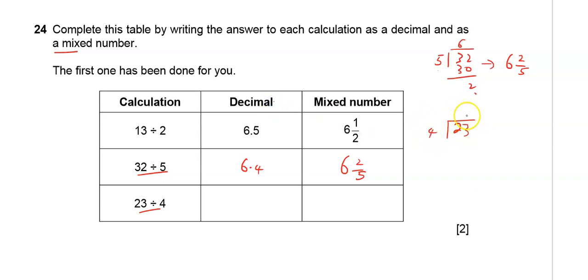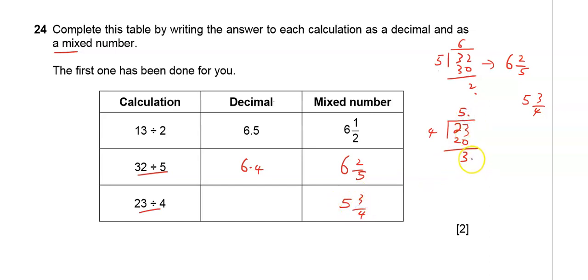What number do we multiply by 4 to give us a number close to 23? That number is 5, which gives 20. Therefore, 23 minus 20 gives us 3. So the mixed number will be 5 and 3 over 4. You can write that one first. Then, of course, you can find the decimal.